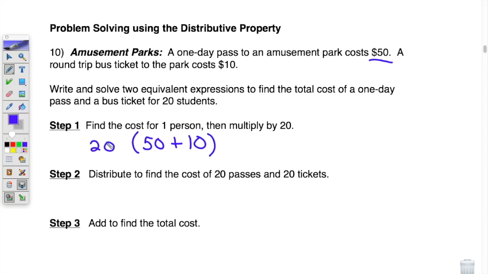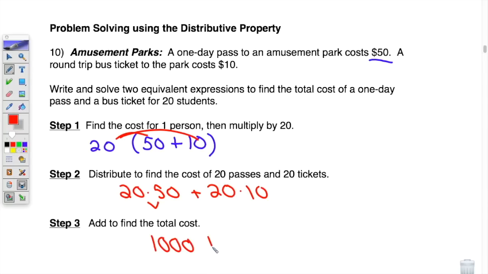We need to know how much it costs for 20 people. Now it says distribute to find the cost for 20 passes and 20 tickets. So we distribute 20 students times $50 to get in, 20 times $10 to ride the bus. So add to find the total cost. So 20 times 50 is 1,000.